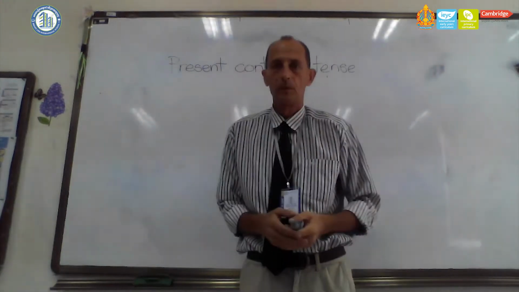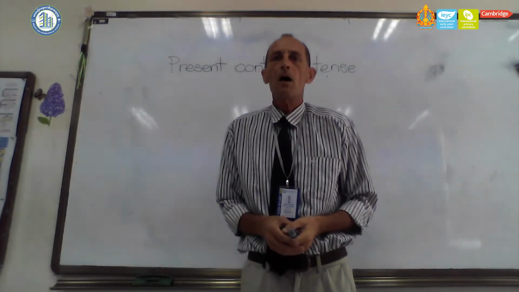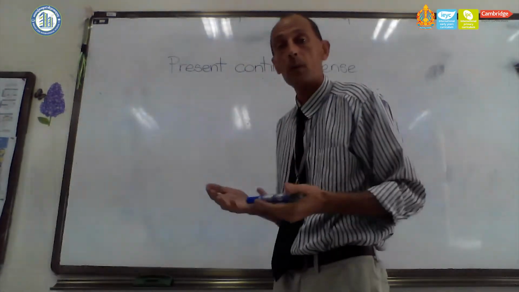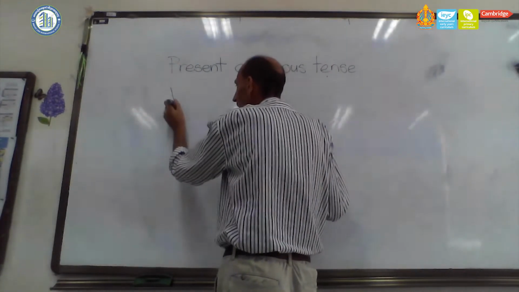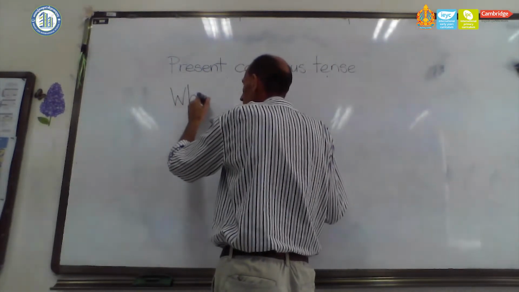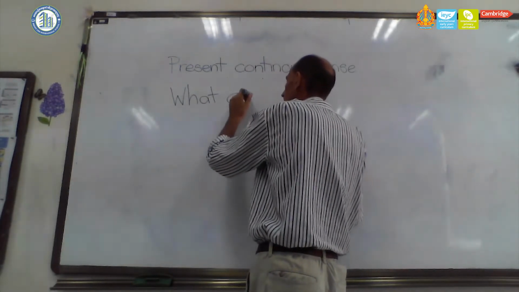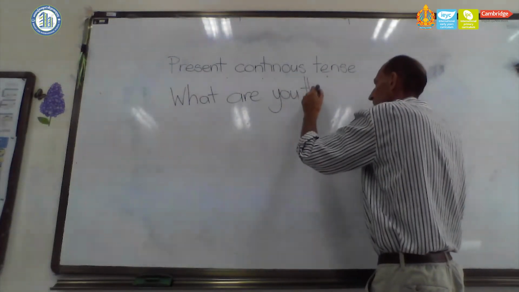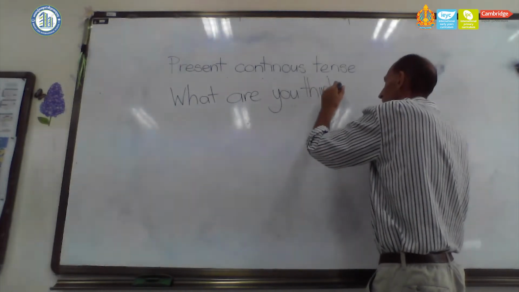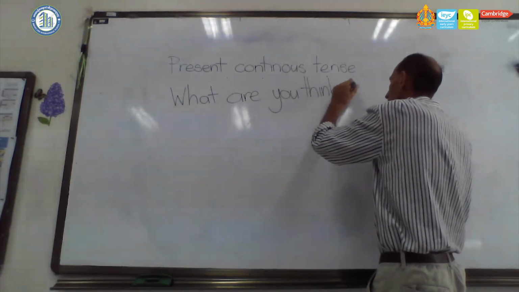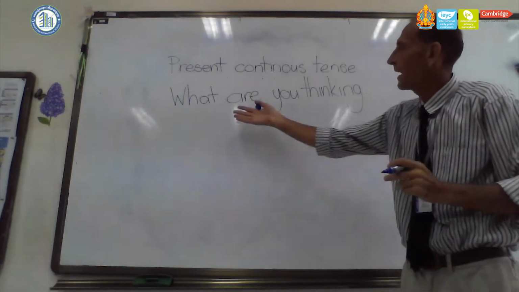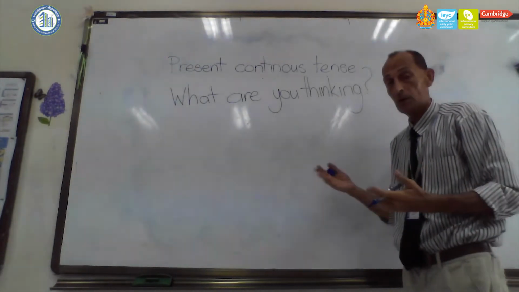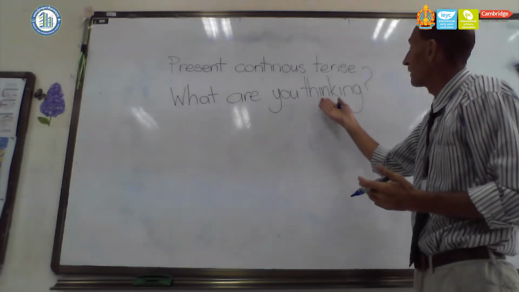Alright, so now let's write some present continuous questions. So the first one we're going to look at is, what are you thinking? What are you thinking? And there's our action verb, because that's what we're doing, we're thinking. So, think finishes in two consonants, no rule for it, so we just add ing.